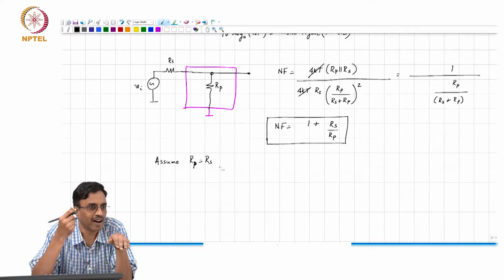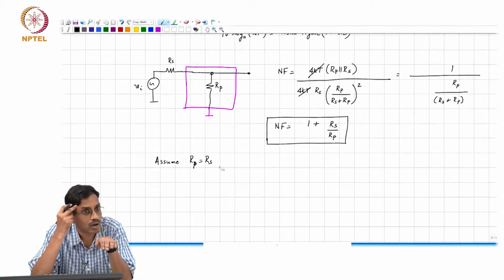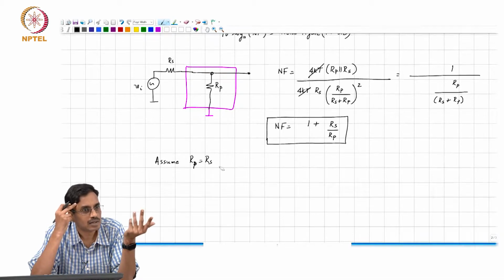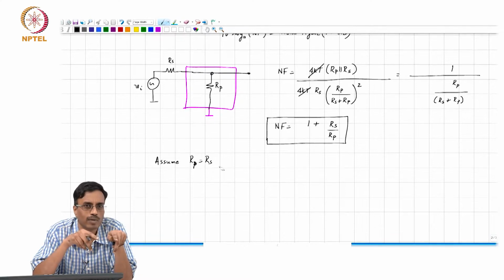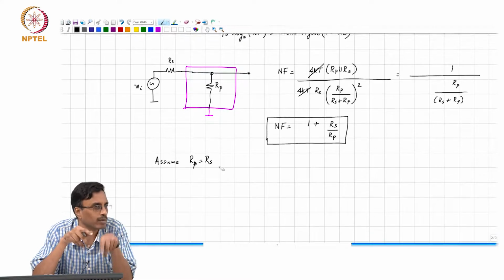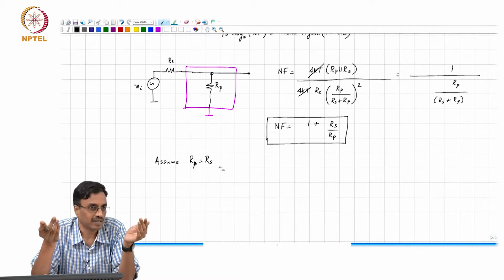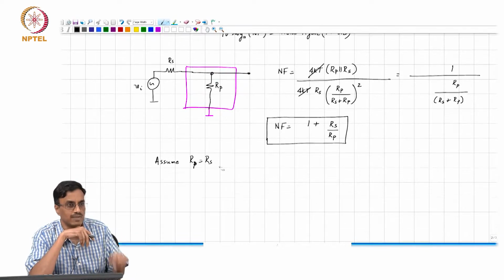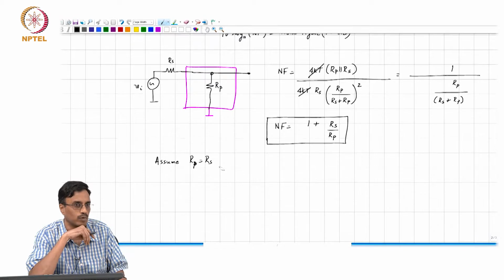Noise has gone down by half, but the signal power has gone down by a factor of 4. What comment can we make about the SNR? The SNR has actually gone down by a factor of 2, even though the noise floor has actually reduced by a factor of 2, right.